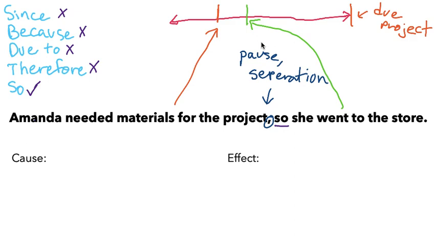So she went to the store. As you can see, Amanda needed materials for the project. This phrase in the sentence is before she went to the store. That's the logical step. Like if you need groceries, you're going to go to the grocery store to pick up the groceries that you need.